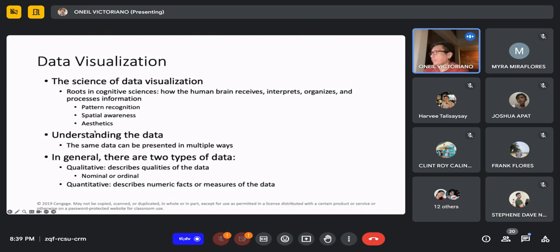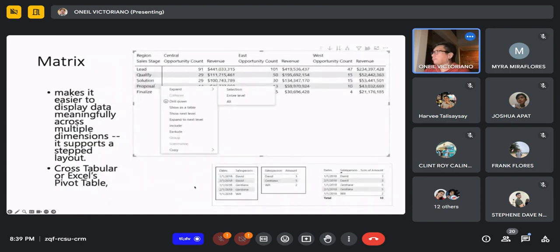So these are part of aesthetics. And understanding the data is representing it in multiple ways, depending on the user's requirements. So in general, there are two types of data. We have qualitative and quantitative, but of course, quantitative is good for visualization.